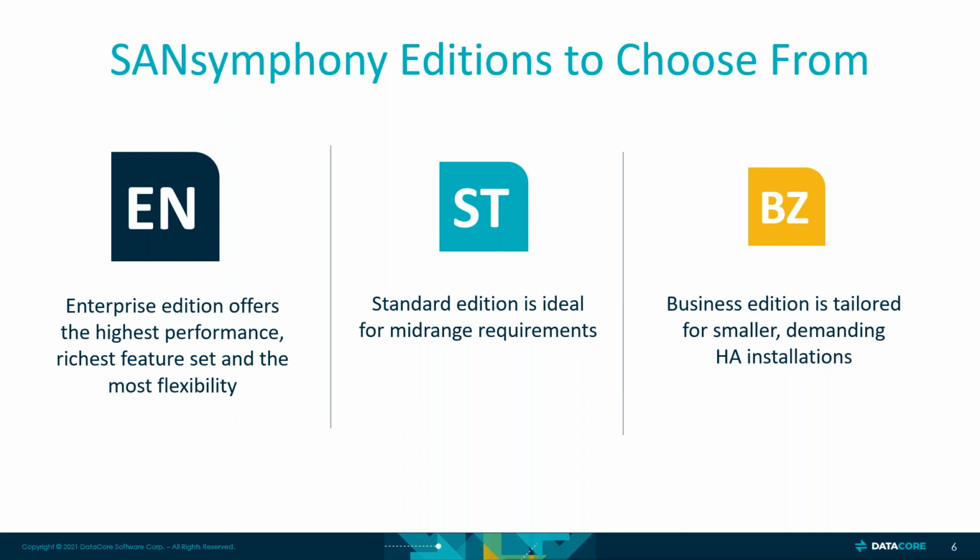Now we're introducing this BZ edition, or BZ, depending on which part of the country you're from. And that is really tailored for very small, and by small I mean in the 10 to 38 terabytes. It's not really that small, but small to medium, with very high performance requirements and high availability needs.